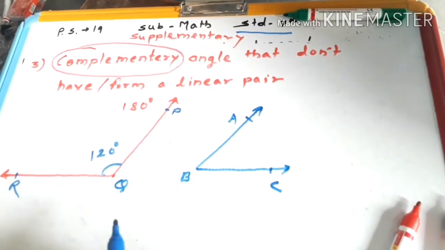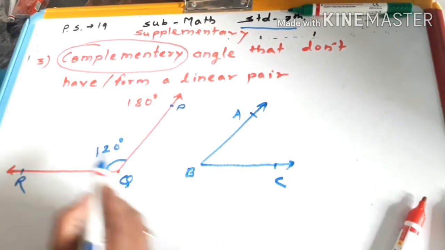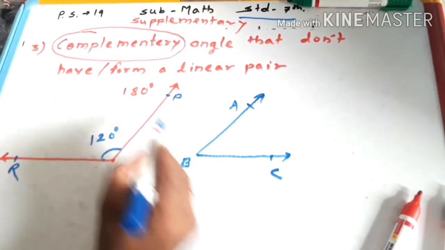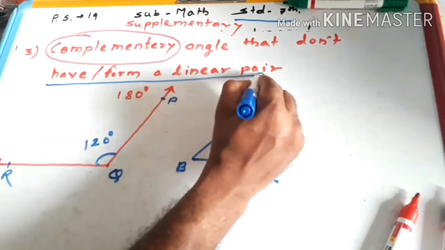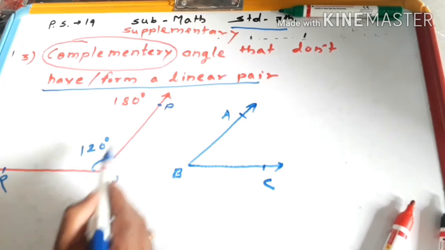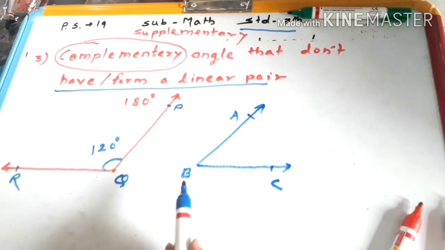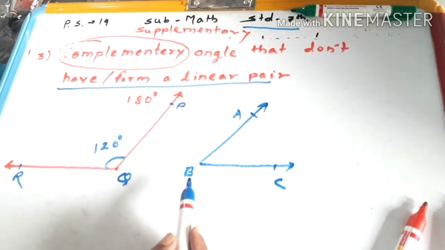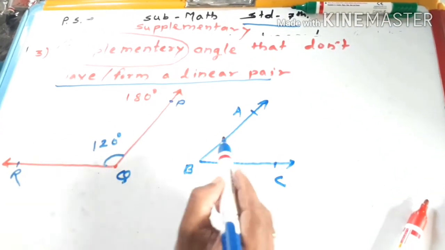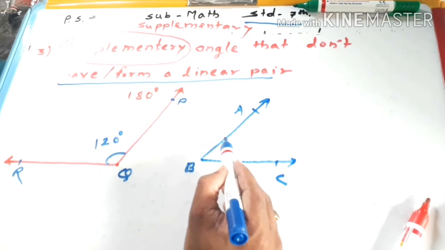ABC. So these two angles are supplementary but not linear because they do not have a common arm, and the uncommon arms do not form a straight line here. So both are supplementary, so their addition is equal to 180.